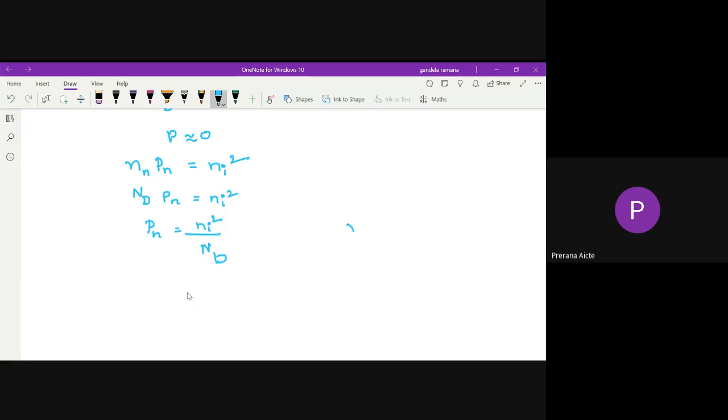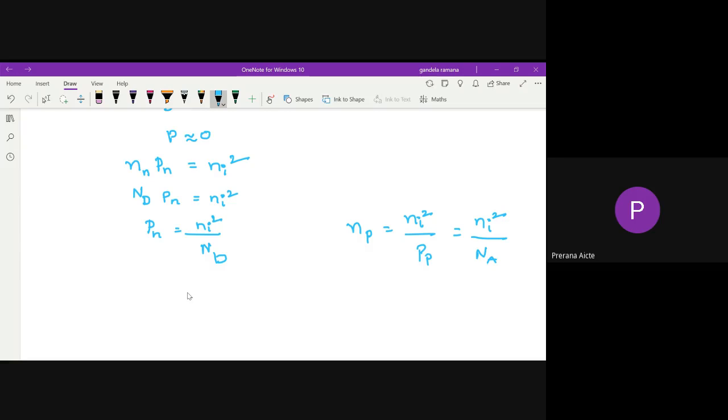So n_p is equal to ni square by p_p. That is nothing but ni square by Na. In P type it is acceptor.